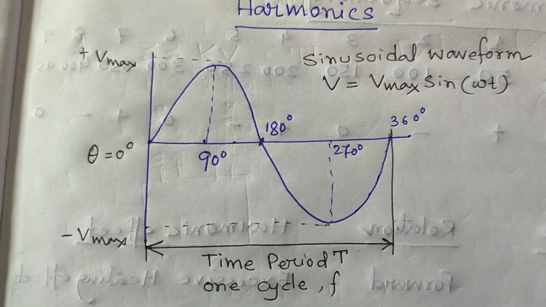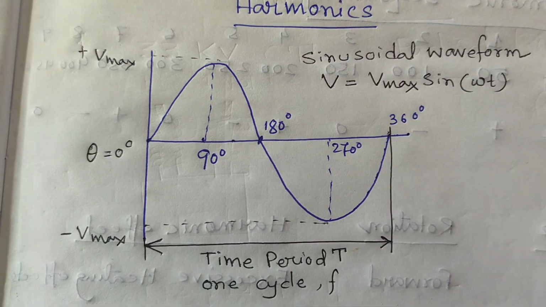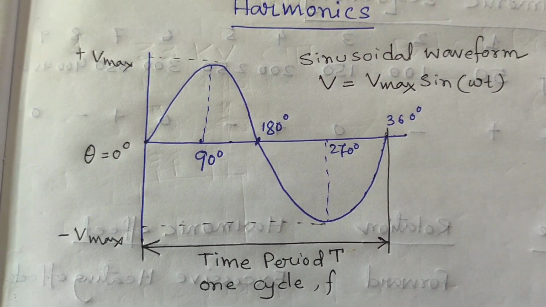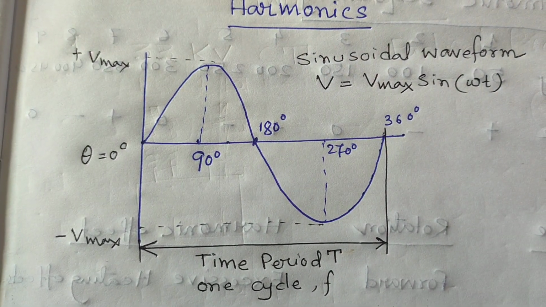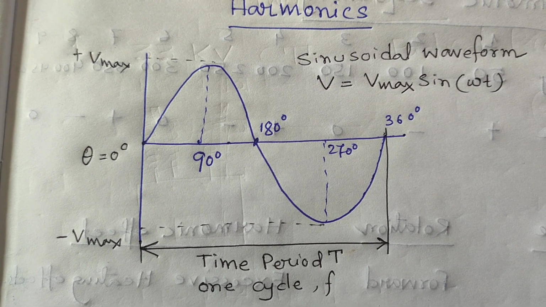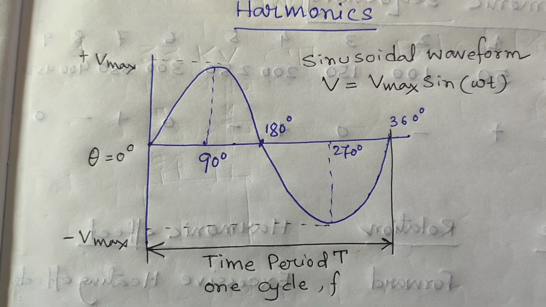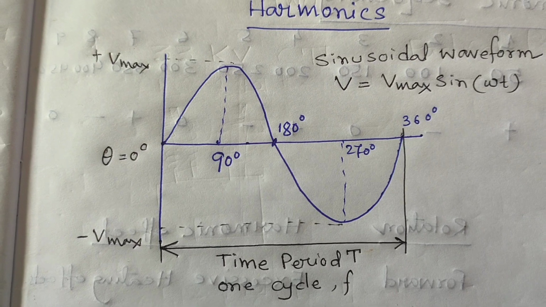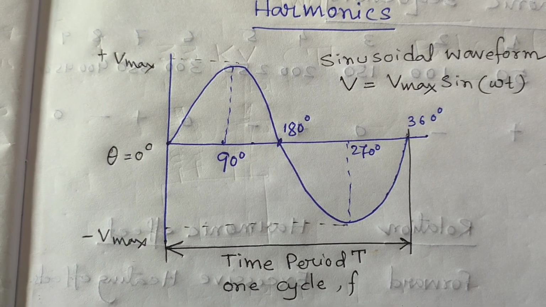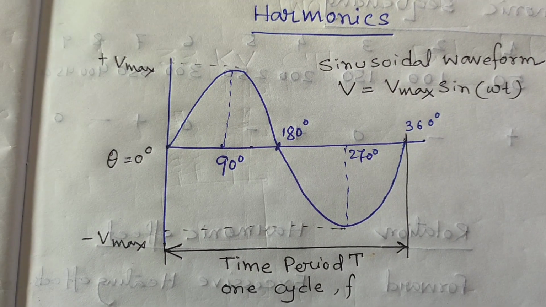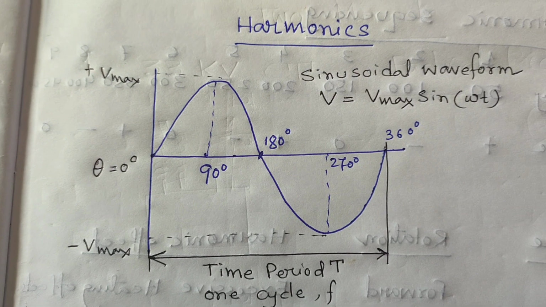The alternating waveform associated with the device will differ, to a greater or lesser extent, from an ideal sinusoidal wave. This type of waveform is commonly referred to as a non-sinusoidal or complex waveform.